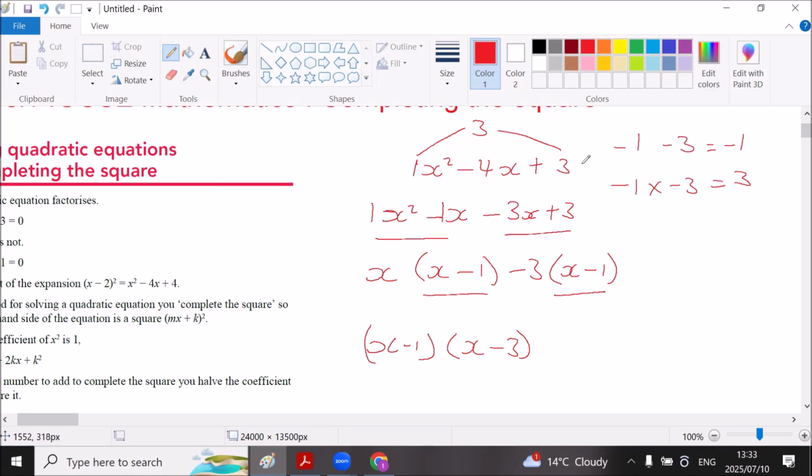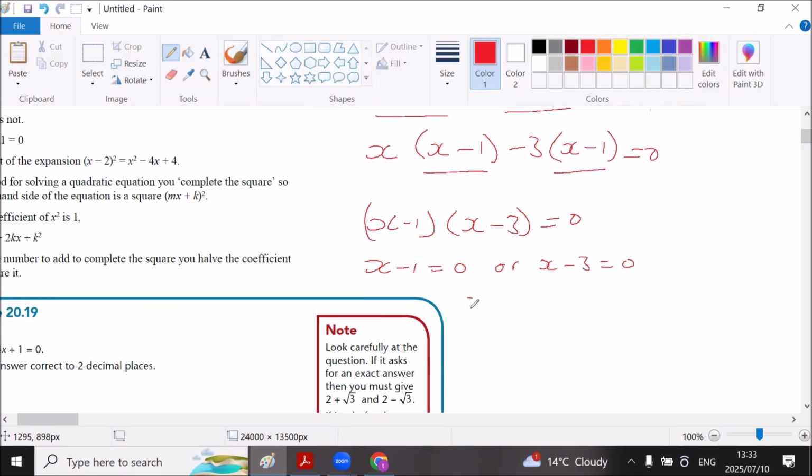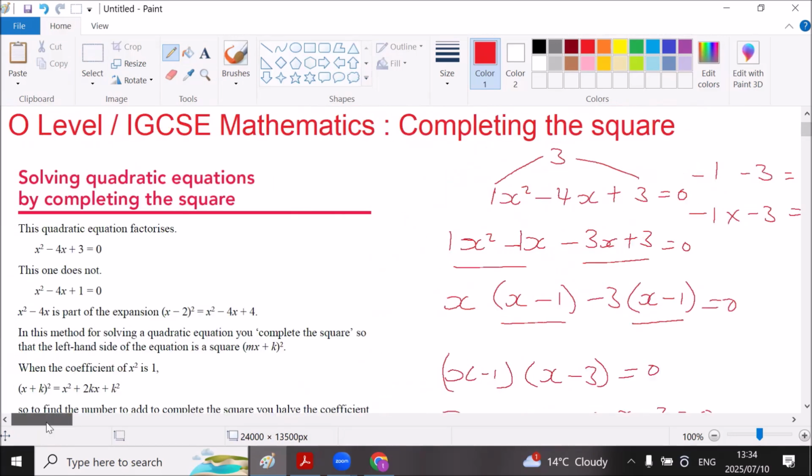If it is an equation, it will be equal to 0. Then from there, we can say x minus 1 is equal to 0 or x minus 3 is equal to 0. Then we get our solutions as x is equal to 1 or x is equal to 3.